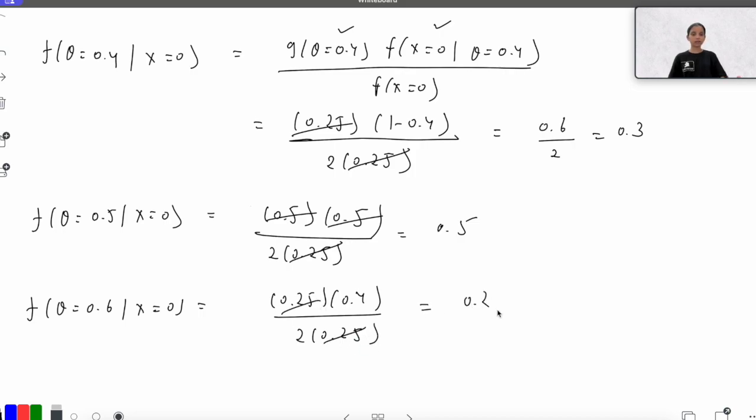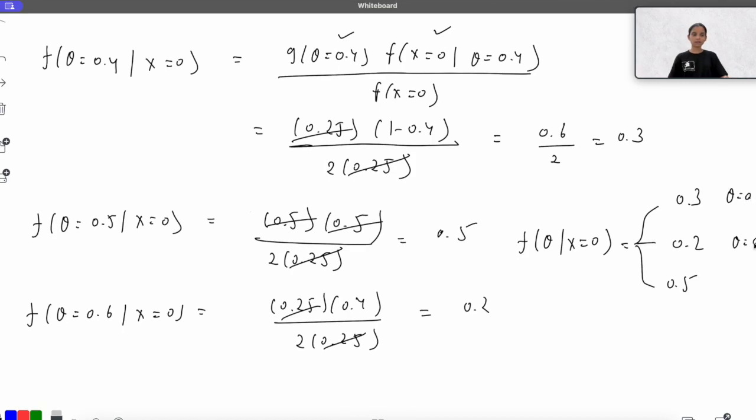Now there is one thing I want you to see: here f of theta given x equals to 0, that is the posterior, is actually a complete probability density function, because if you can see, the sum of probability here is coming out to be 1 for the different values of theta we are using: 0.4, 0.6 and 0.5.